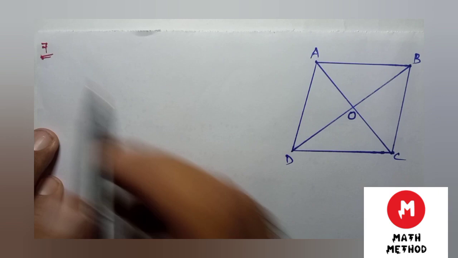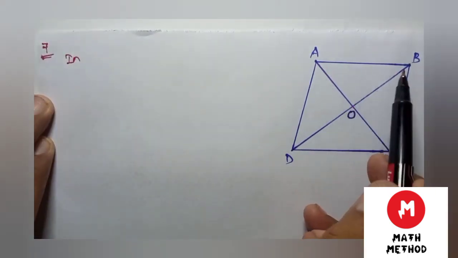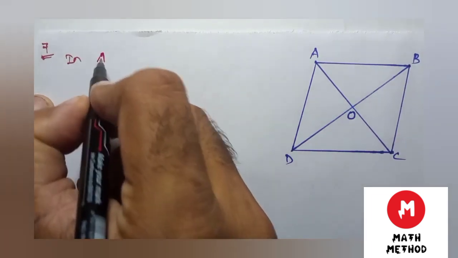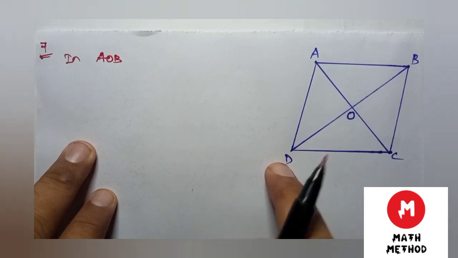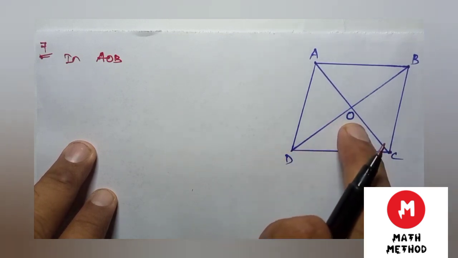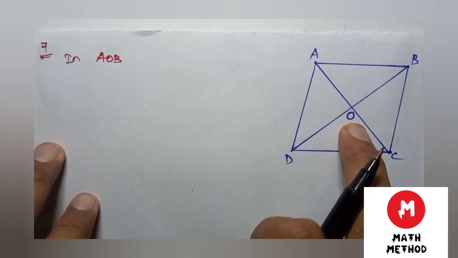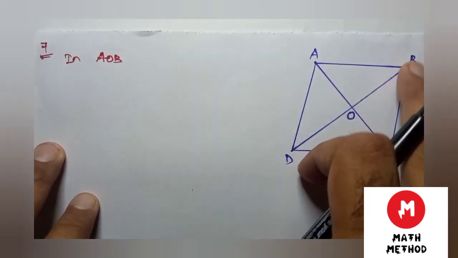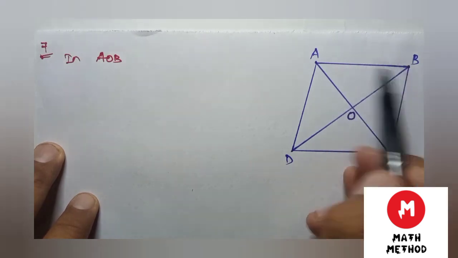Now in triangle AOB, as we know, both the diagonals of a rhombus intersect each other at right angle. So by applying the Pythagoras theorem in triangle AOB, as angle AOB is equal to 90 degrees, AB is our hypotenuse.